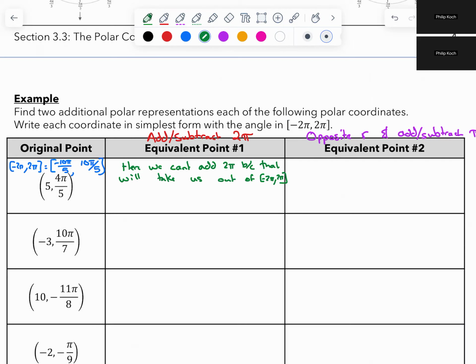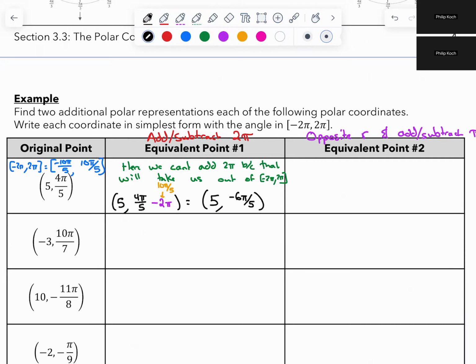I've got 4 pi over 5. If I add 2 pi to that, it's now going to be 14 pi over 5, which is outside of the range. So we're just going to subtract 2 pi. So 5 comma 4 pi over 5 minus 2 pi, which is 10 pi over 5, and that'll be 5 comma negative 6 pi over 5.